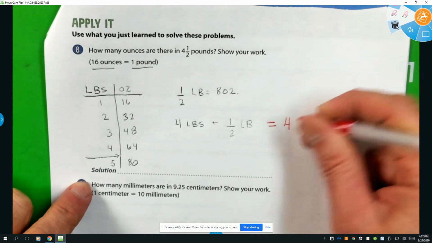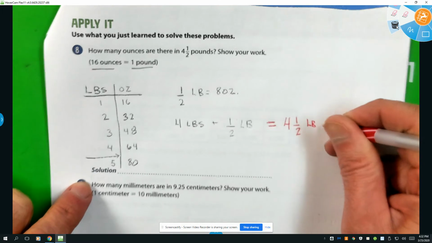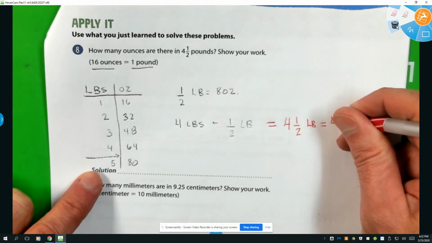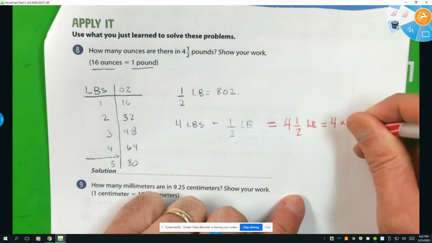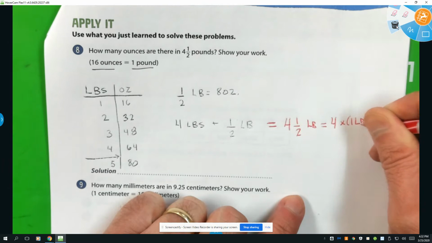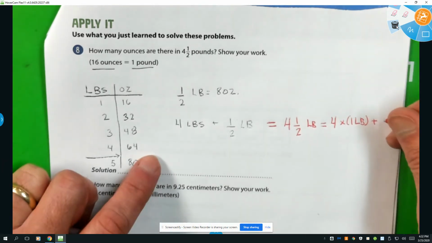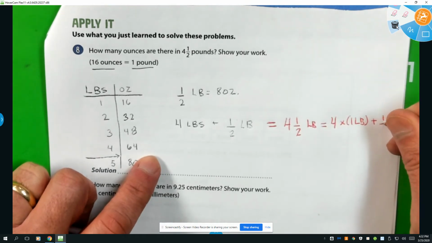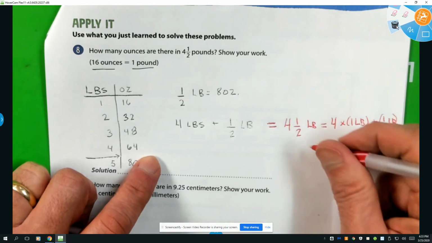So 4.5 pounds equals 4 times 1 pound plus 1/2 pound. All right.